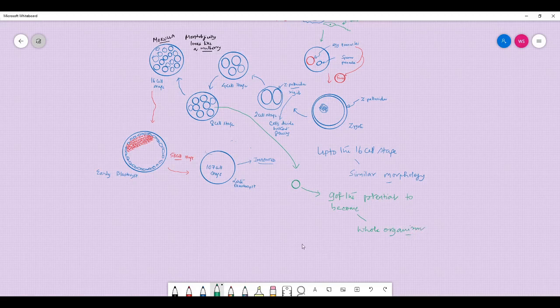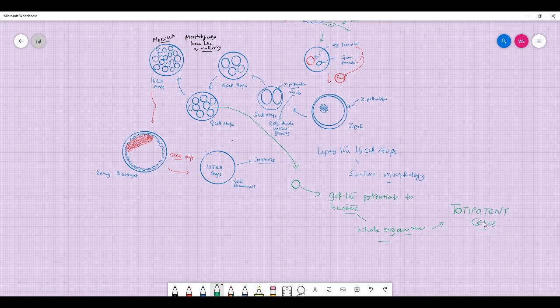Up to the 16 cell stage, each cell has the potential to become the whole organism. So these cells we call totipotent cells.